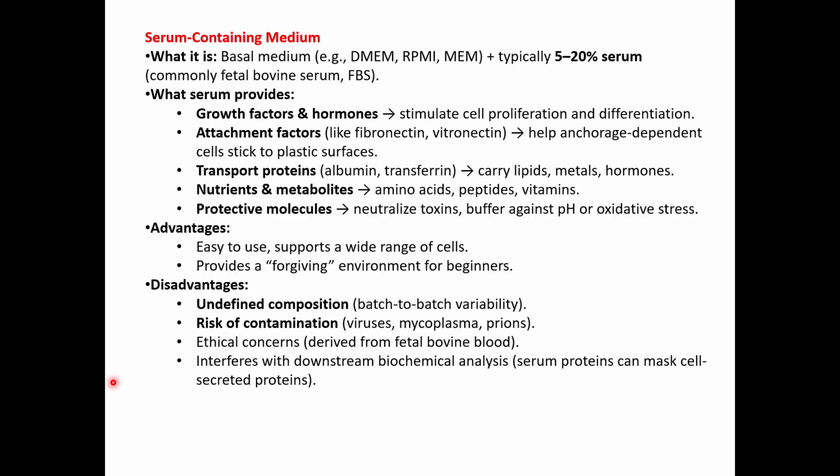So from animal to animal, there could be differences. So we cannot really say that every batch will be exactly the same. There might be some differences. Sometimes it so happens that there could be a batch of serum which is not good, or not effective, and then it will also hinder the growth of your cells. So this is a disadvantage, that it has an undefined composition, and sometimes there is risk of contamination.